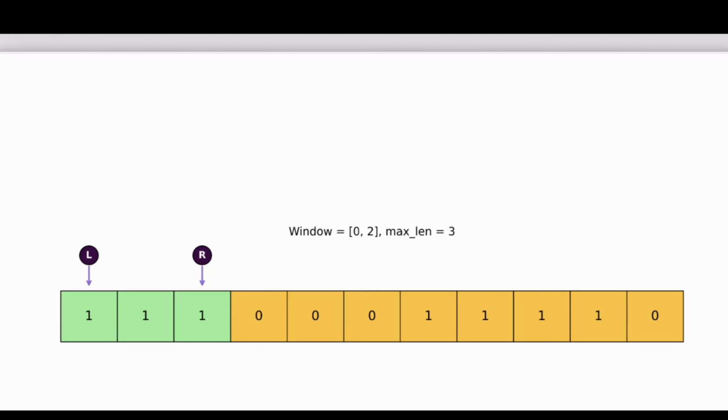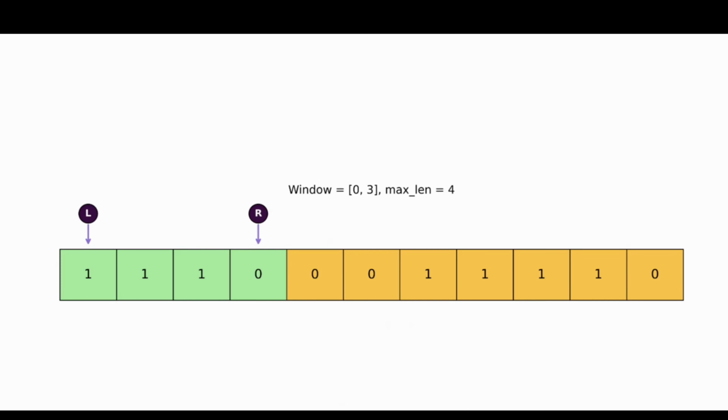Then in our next window we have three 1s, we update the maximum length, still the count is 0, since we don't have any 0 here. And the left is still at index 0, since, as I said, when we see 0 and the count is greater than k, we have to move left. If not, we keep the left at the same position as before.